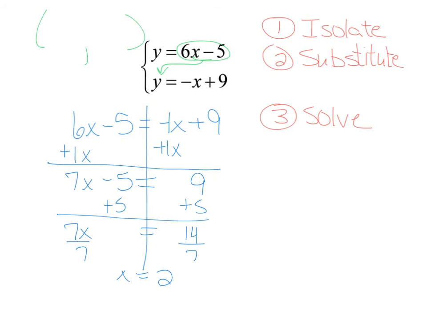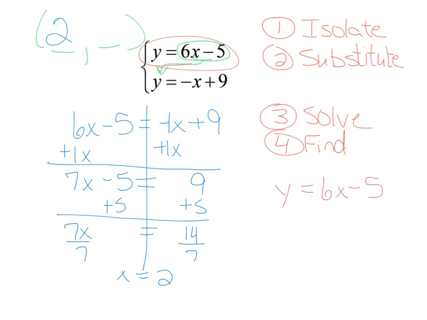So, recall, we're trying to find an ordered pair. We're trying to find where these two lines intersect. So, we need an x-coordinate and a y-coordinate. We just found the x-coordinate. The x-coordinate is 2. So, our last step is to find the other coordinate. So, look up here. Pick your favorite equation. I'm going to say I like the first one. So I'm going to copy it.